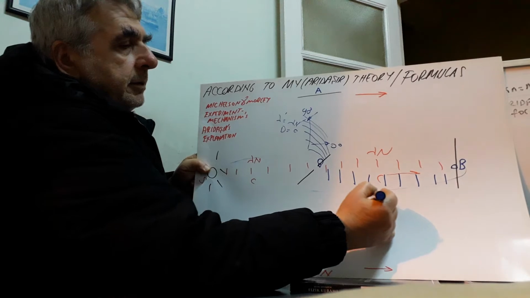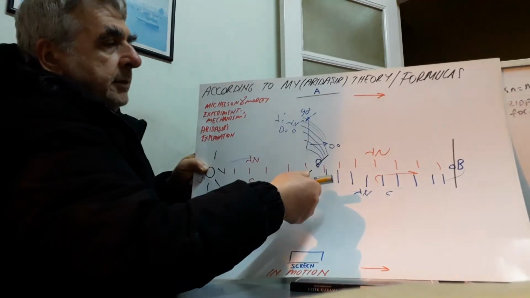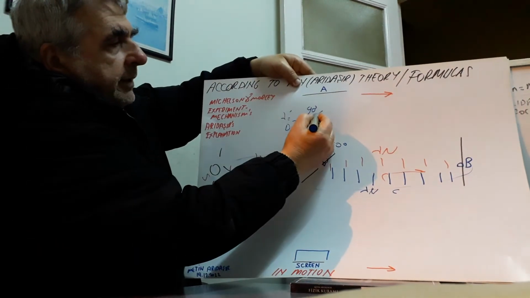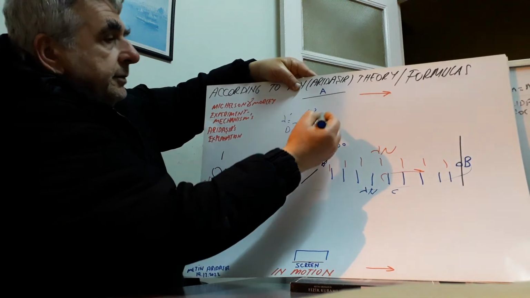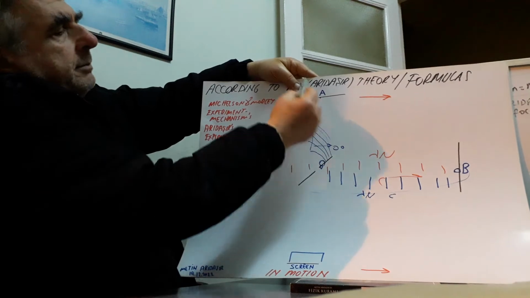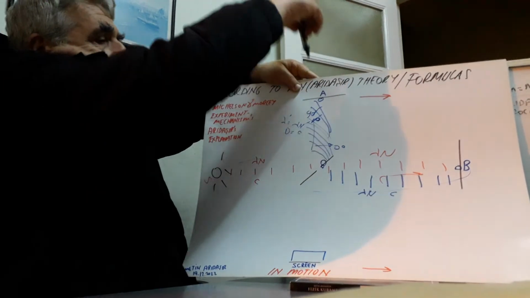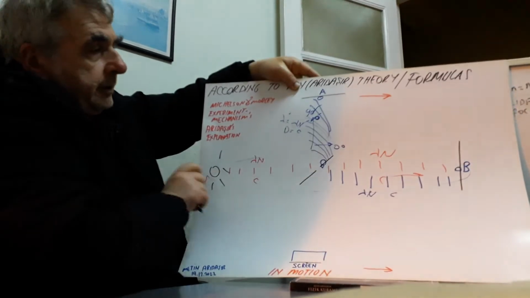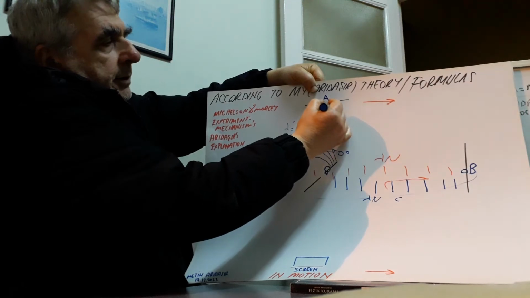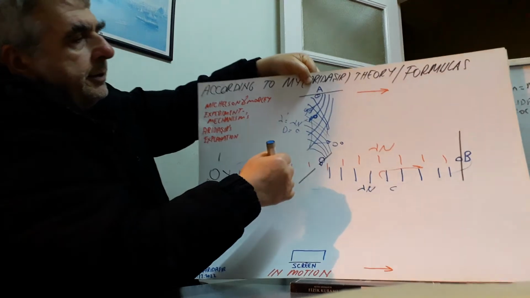Lambda n, wavelength doesn't change, and C. And here, reflecting from the upper mirror, like this, from A. I beg your pardon. Then here, reflected through the downside. Now this is the source.